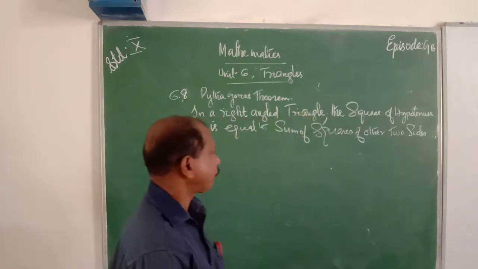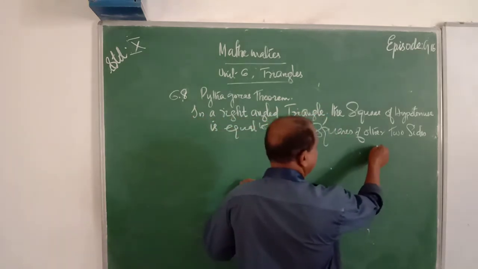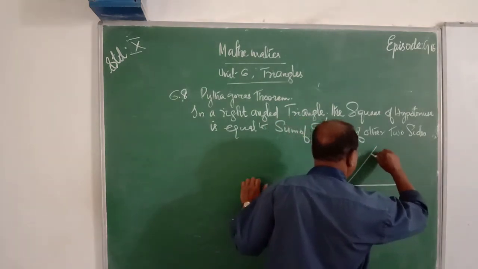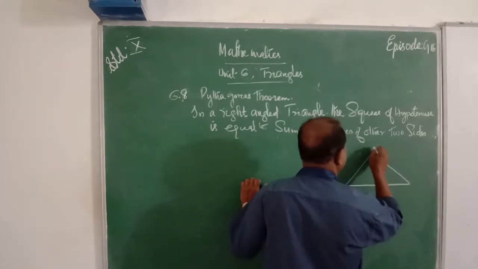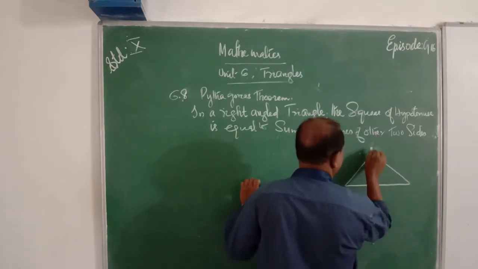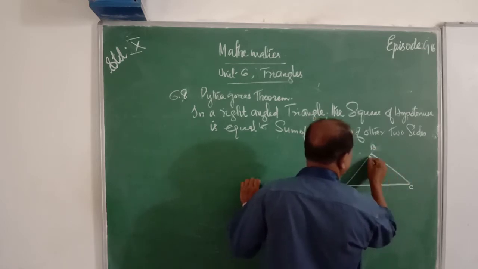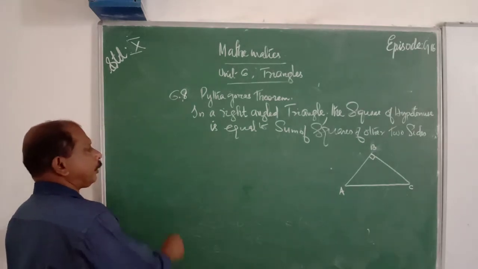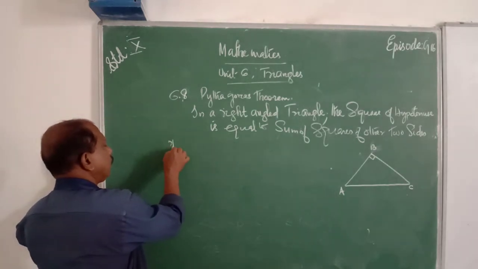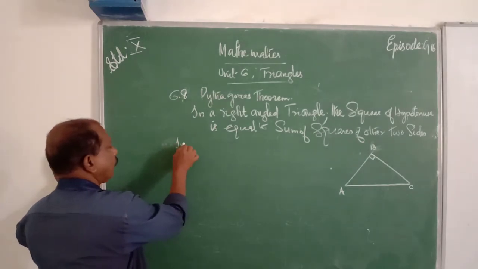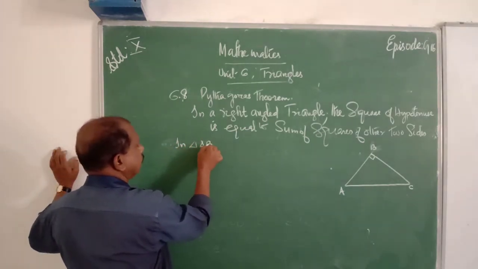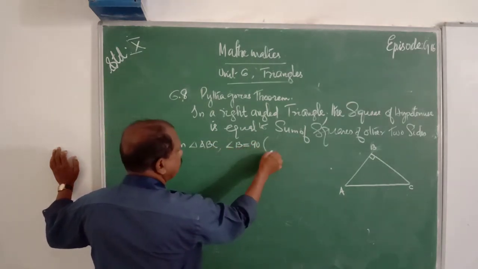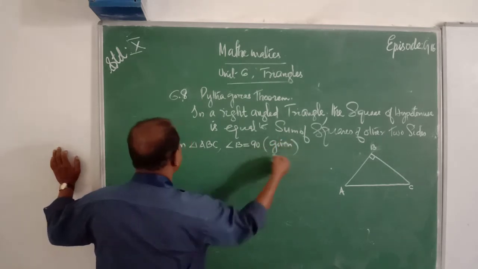For this theorem, let us consider triangle ABC, right angled at B. That means in triangle ABC, angle B is equal to 90 degrees. That is given.